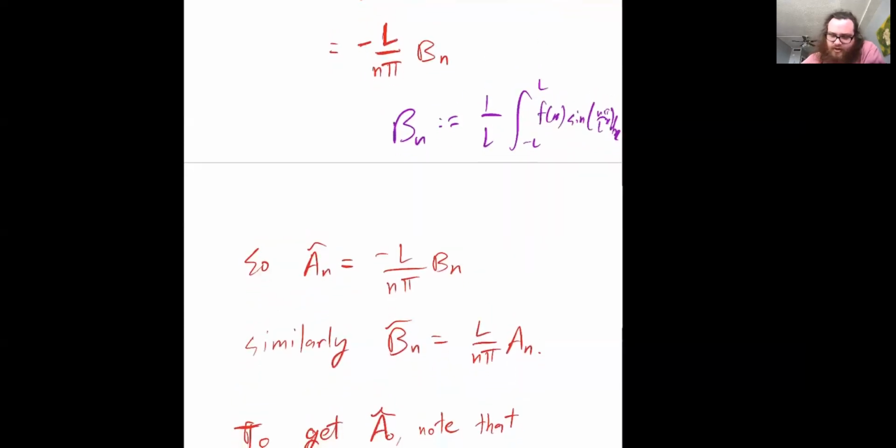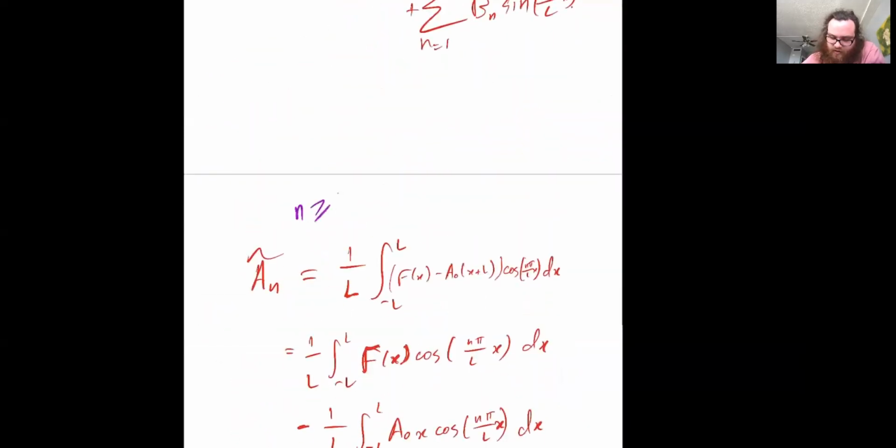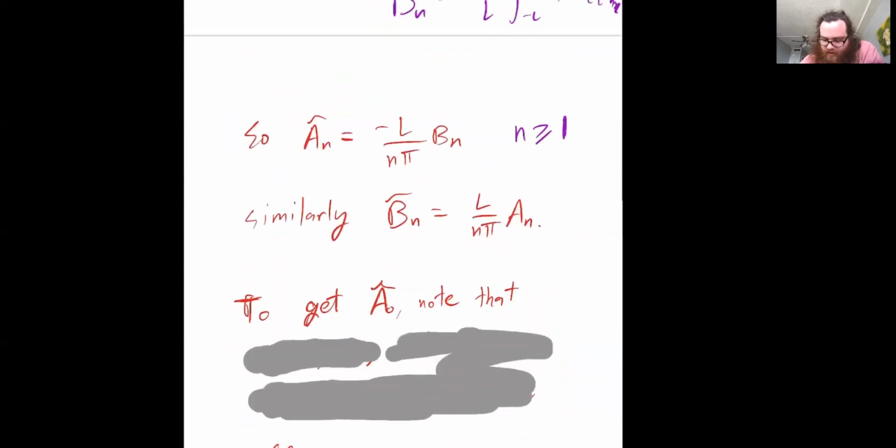This is the case for n greater than or equal to 1. I should clarify that this computation was for n greater than or equal to 1. What about n equals 0?